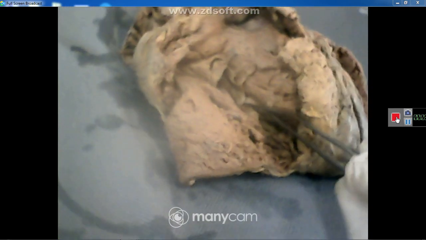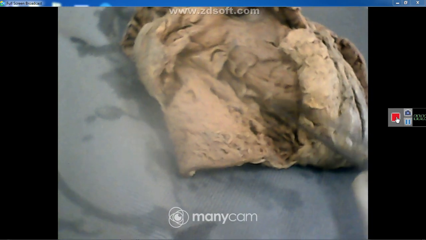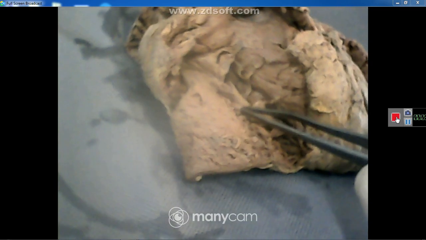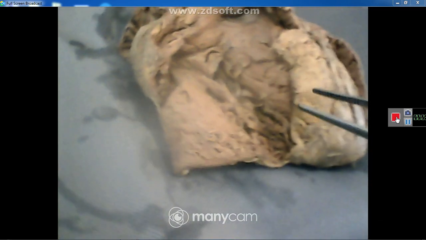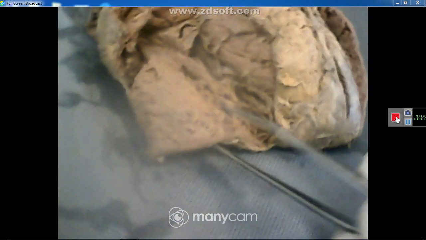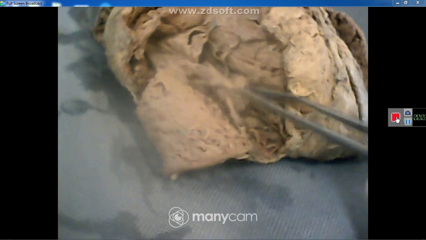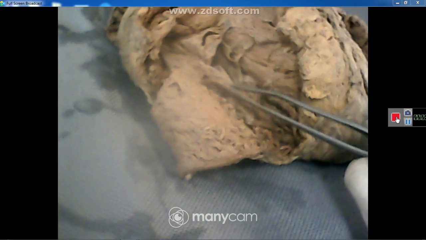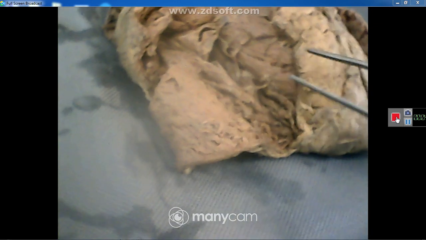So we have many small septal papillary muscles and one anterior and one posterior large papillary muscle. Although this is the anterior papillary muscle, it is displaced or detached from the anterior wall as an artifact during dissection. This is the anterior papillary muscle.